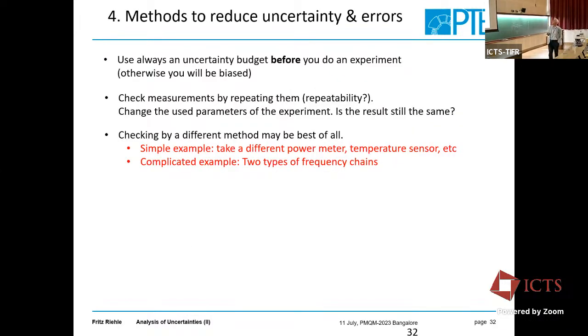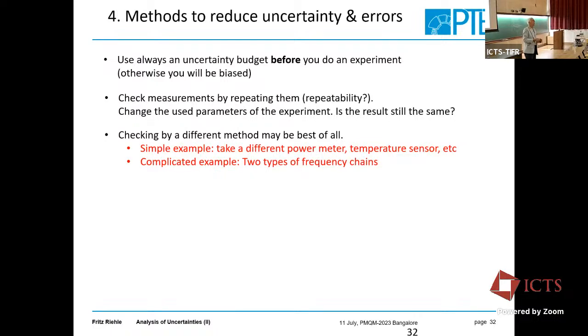Okay, now I would like to talk about methods to reduce the uncertainties and the errors. So we have several times talked about an uncertainty budget. And it's a bad habit to do first a measurement and then establish an uncertainty budget. Because what would be my reaction? If the measurement agrees with the previous measurement, I would say, I'm happy.